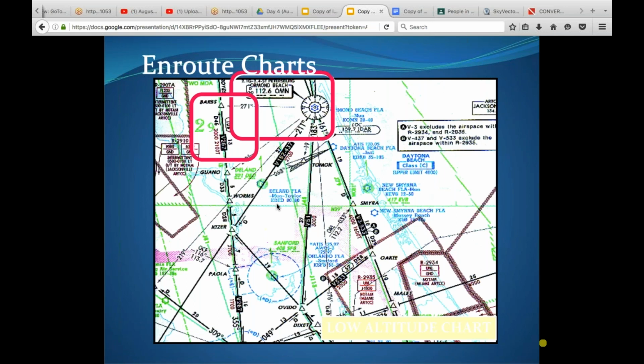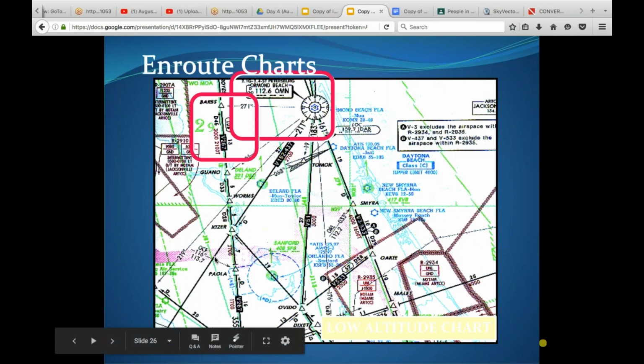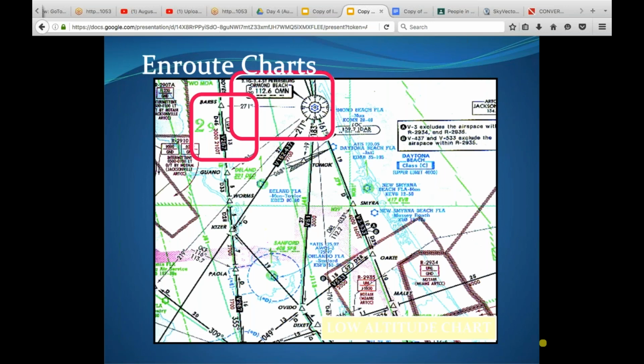We wouldn't be able to do that. So if you're on this filed route, you would have to get off at Kaiser, or you could get here and then go to Worms, and then, I don't know, I'd have to look at the charts to see what that is, but that's where you have to get on and off of these routes.